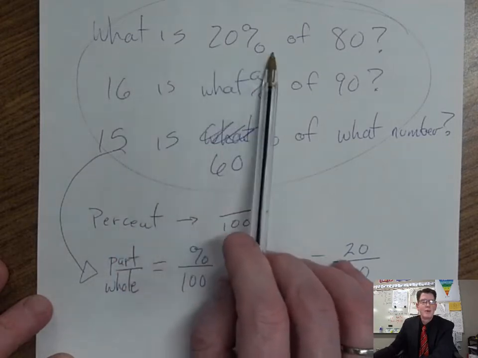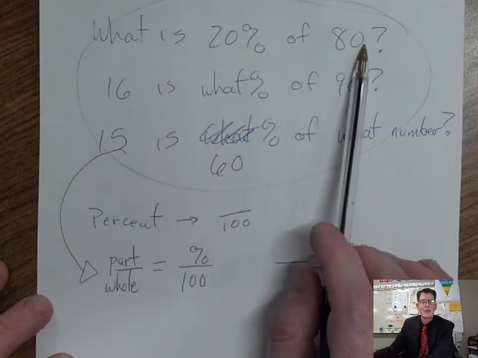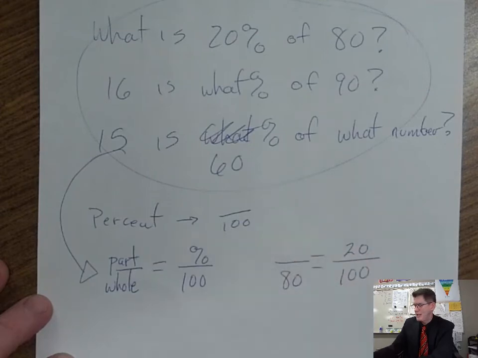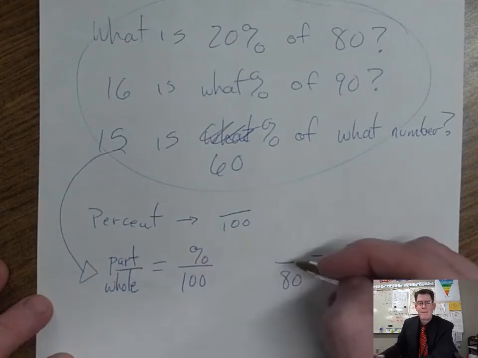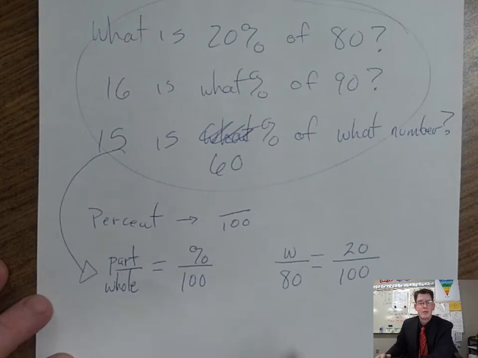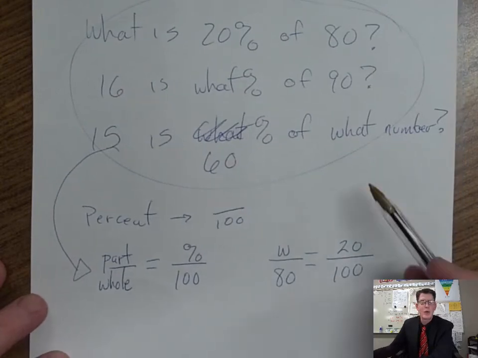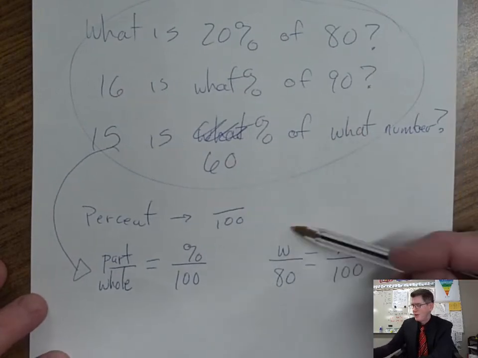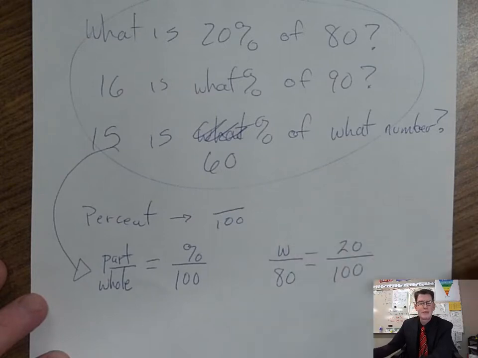So what is 20% of 80? This 80 is the whole amount, so the 80 goes down there. And what, I'll just put the W, what out of 80 makes 20%, is what it's asking. What part of 80 is the 20?